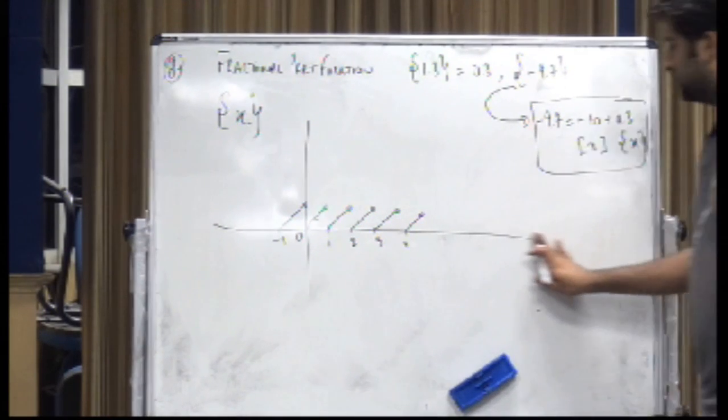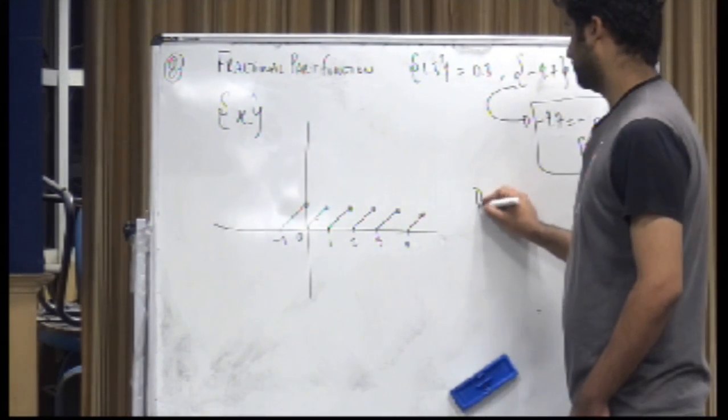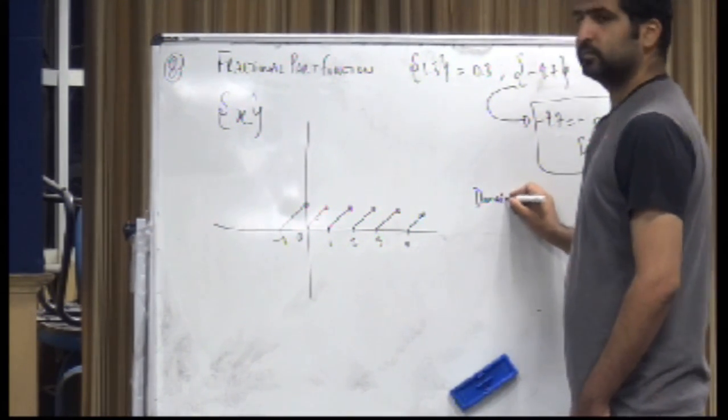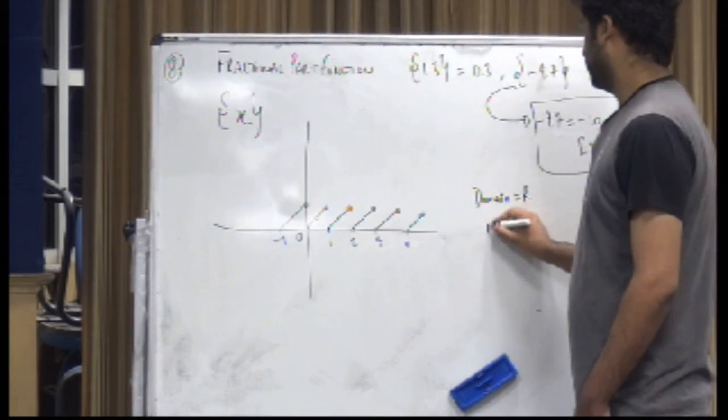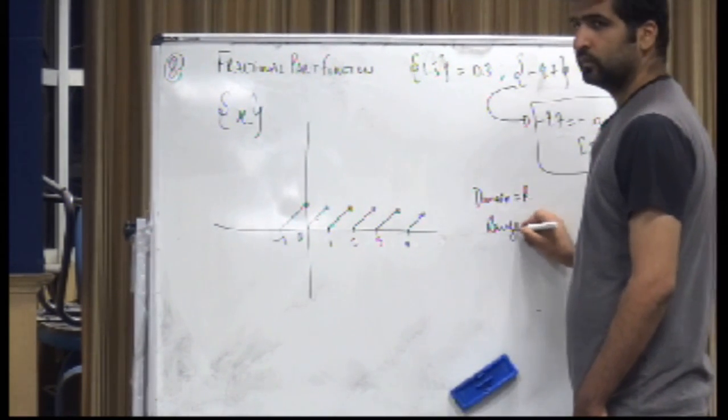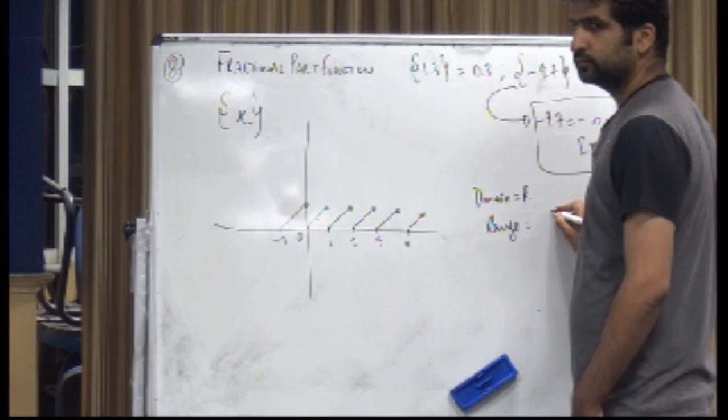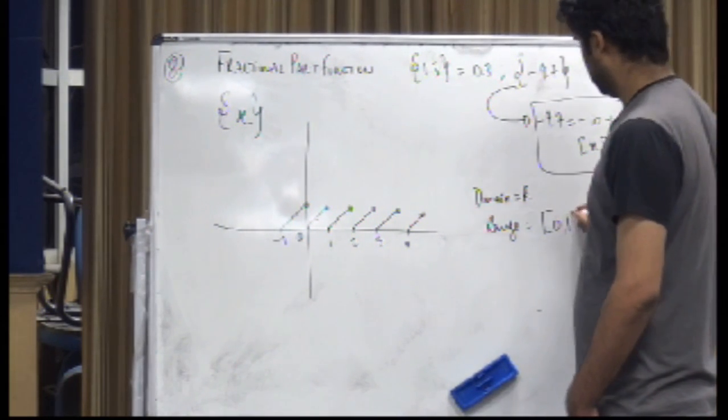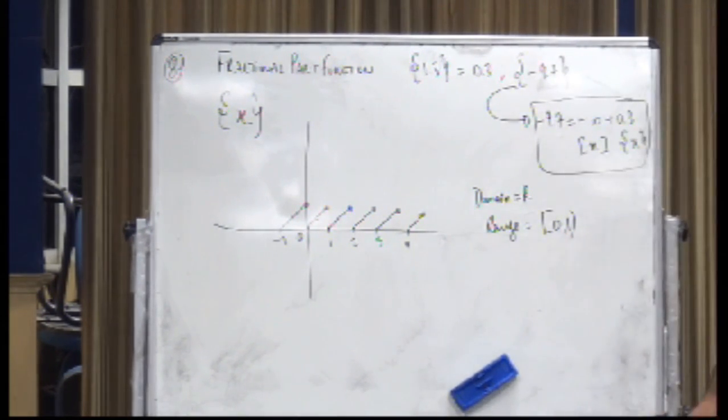Okay, what is the domain? All real numbers. And what is the range? 0 is included and 1 is excluded. Range is 0 to 1, and 0 is included, 1 is not included.